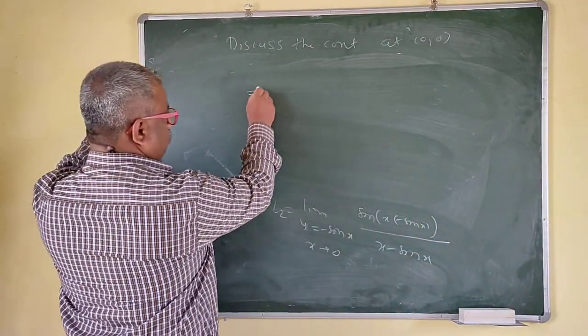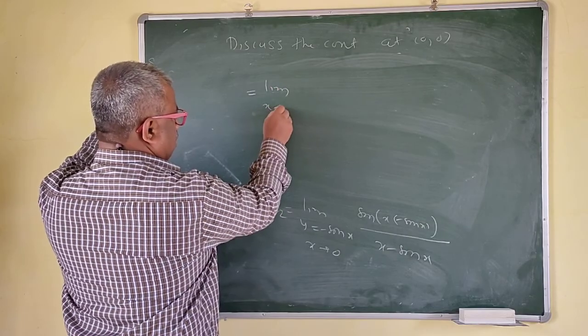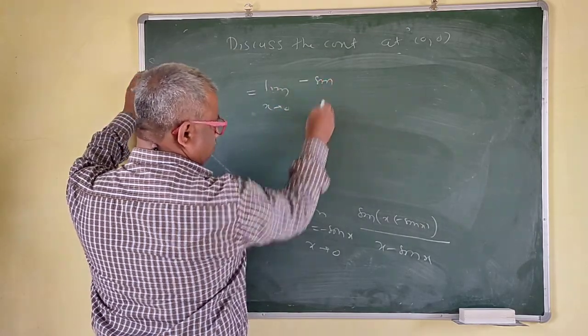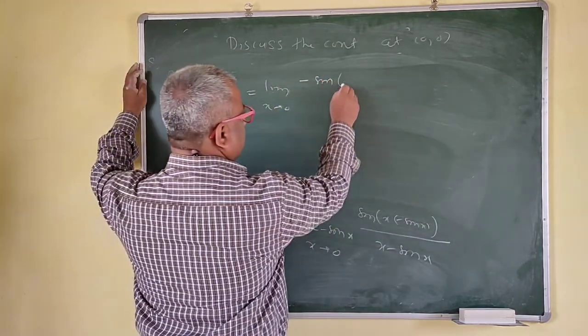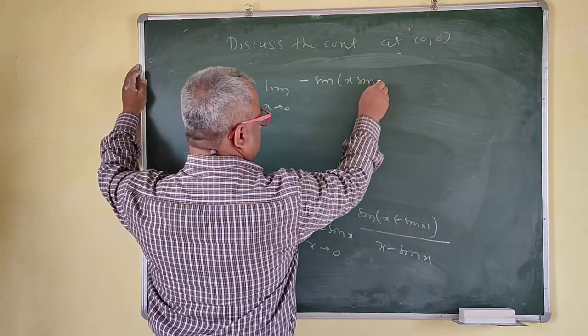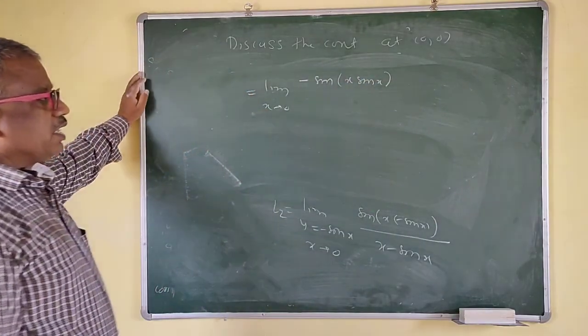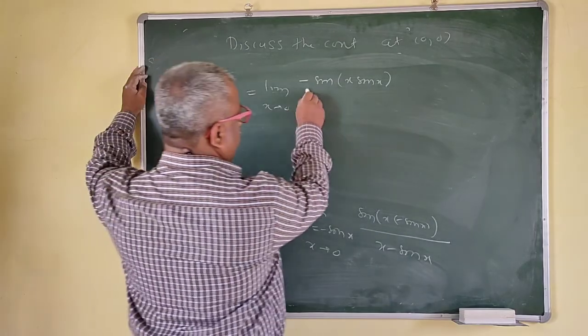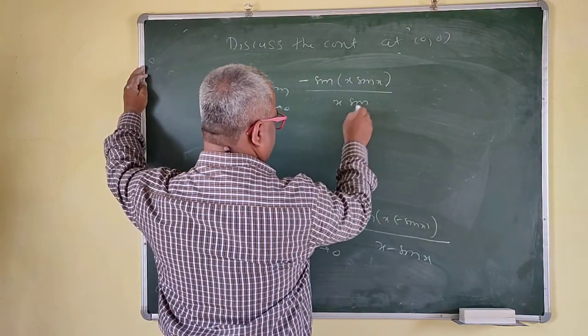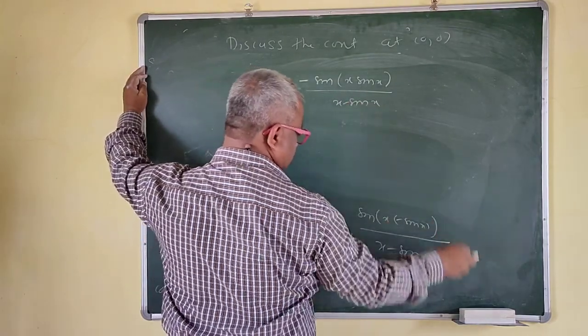So this is equal to limit x tends to 0. You can take minus common, minus x sin x, because sin minus theta is minus sin theta, upon x minus sin x.